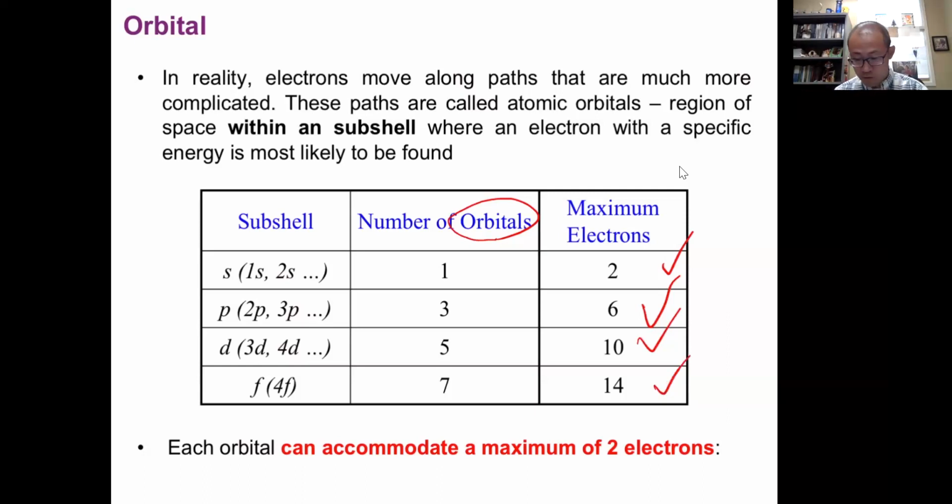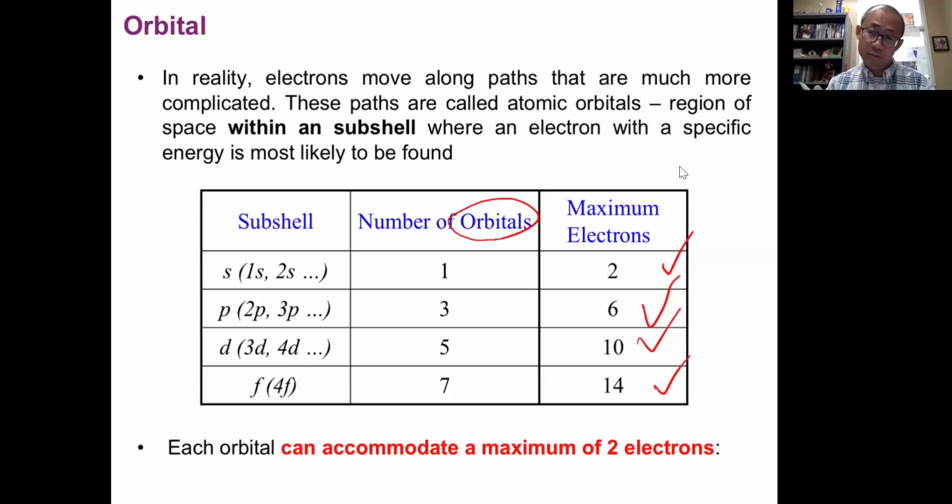So this picture shows you the number of electrons that can be held in each subshell, because of the presence of different numbers of orbitals. S subshell, 1 orbital. P subshell, 3 orbitals. D subshell, 5 orbitals. F subshell, 7 orbitals. Each orbital has 2 electrons.